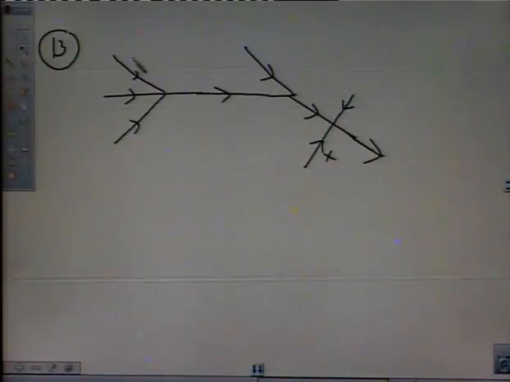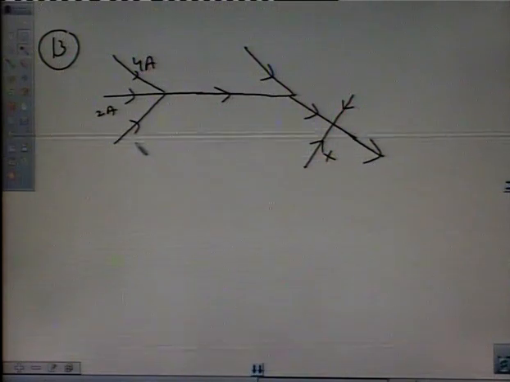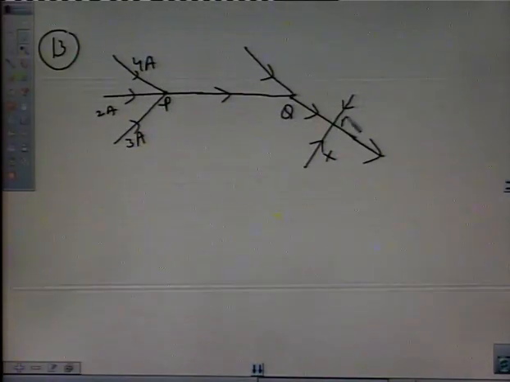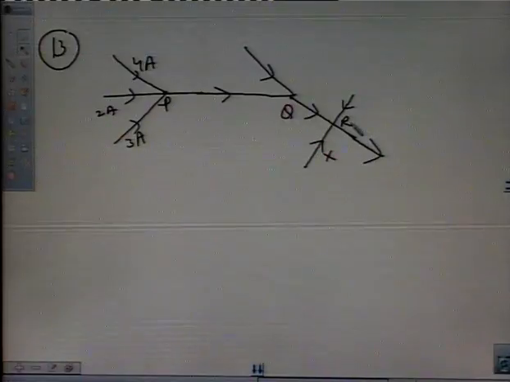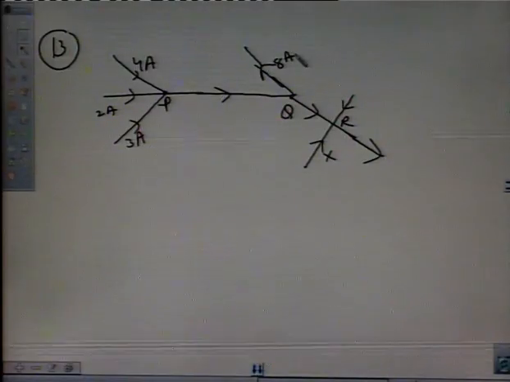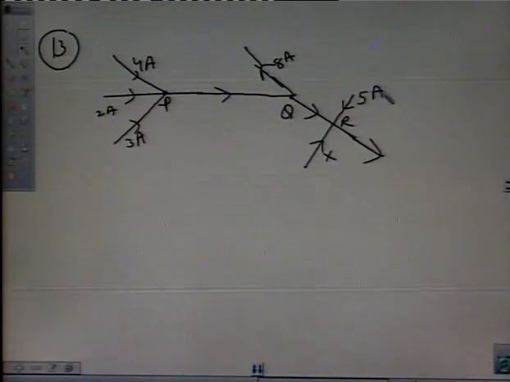In this case, this current is 4 ampere. This is 2 ampere. This is 3 ampere. This point is P. This point is Q. And this point is R. These are 3 points. So the value of the current through this branch is 8 ampere, this is 5 ampere, and this is 2 ampere.